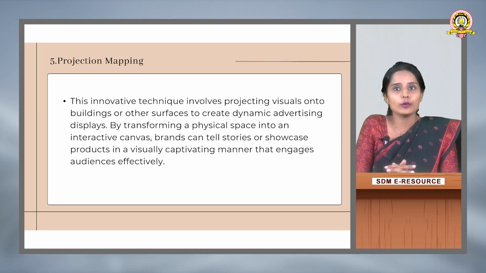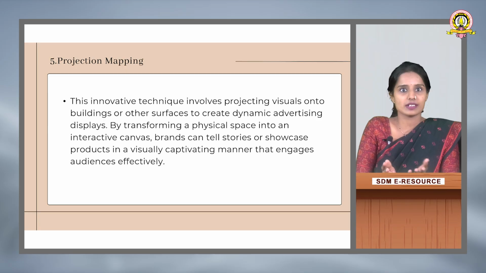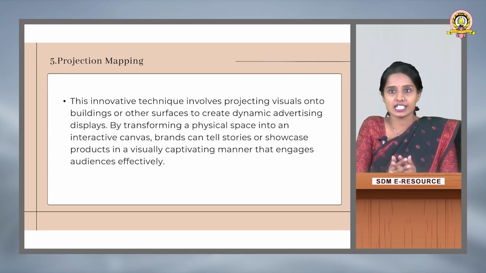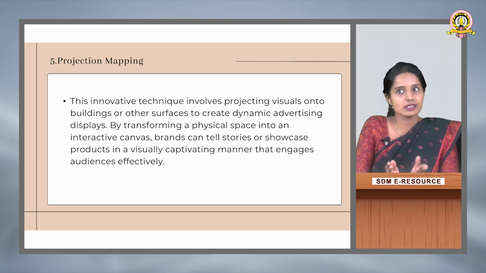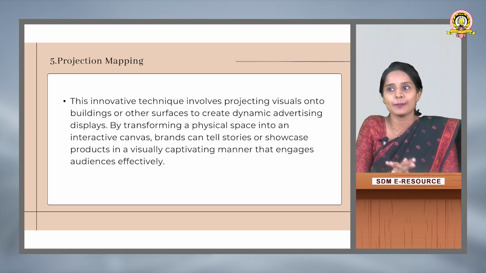The next type of advertising is projection mapping. This innovative technique of advertising involves projecting visuals onto buildings or other surfaces to create dynamic advertising displays. By transforming a physical space into an interactive canvas, brands can tell stories or showcase products in a visually captivating manner that engages the audiences effectively.